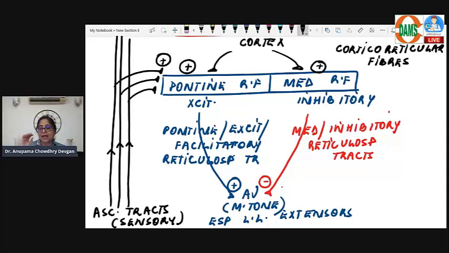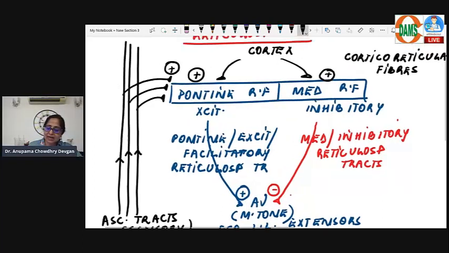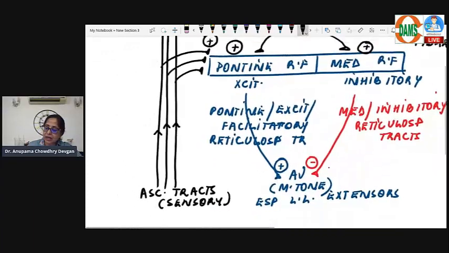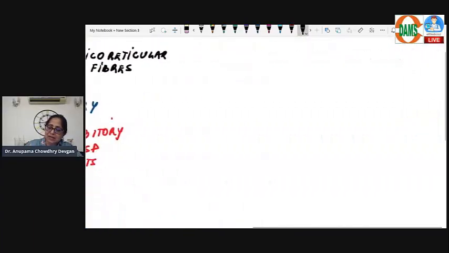Okay? Now, if there is a lesion of the internal capsule, that is the commonest site. Yes, we have already discussed. What is the commonest lesion in the CNS?